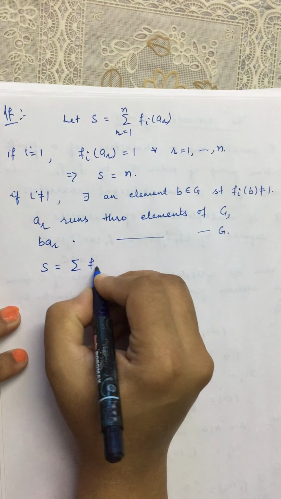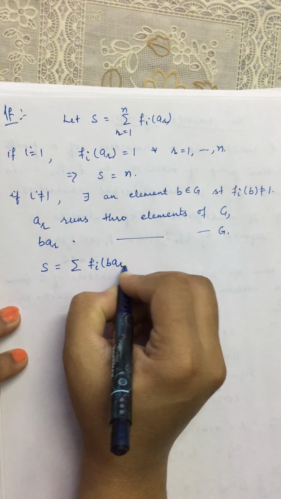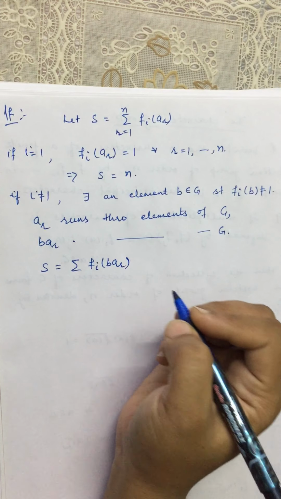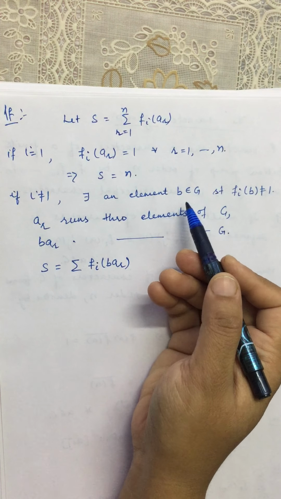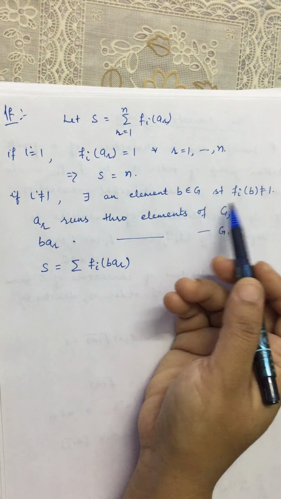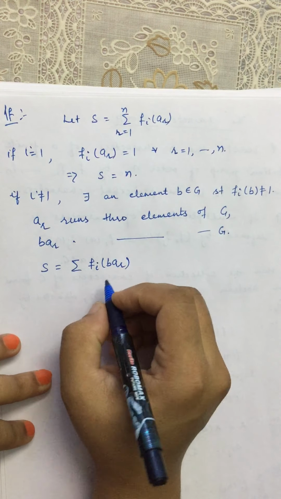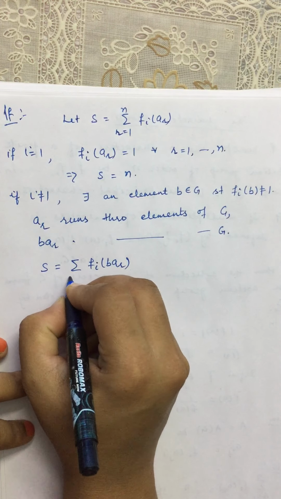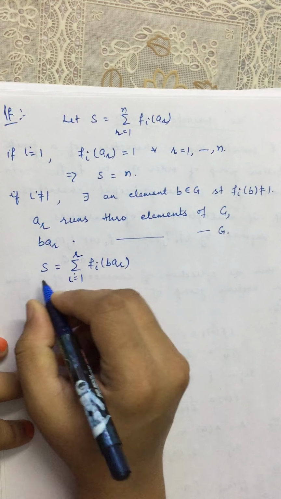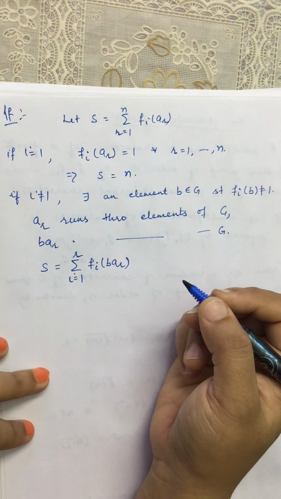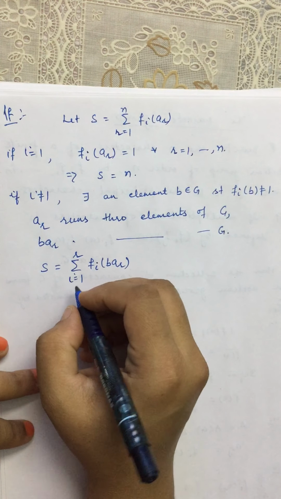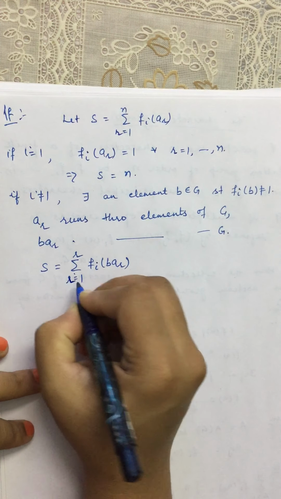So S can be written as the sum of fi(b a_r). If a_r is an element of G and we have chosen an element b again in G such that fi(b) is not equal to 1, then b a_r are also all the elements of G. So we can write S like this, with r equal to 1 to n.